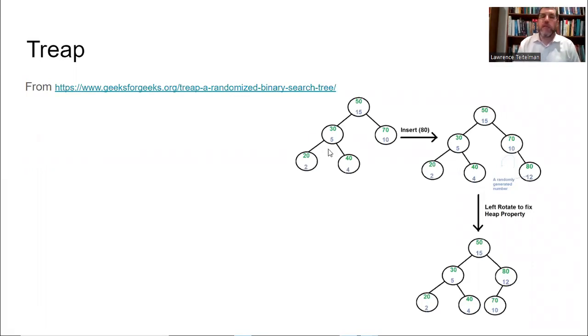And someone tell me what is the pattern among the green? It's in a decreasing order. The green ones on the left are decreasing, and on the right, they're increasing. Okay, there we go, right?